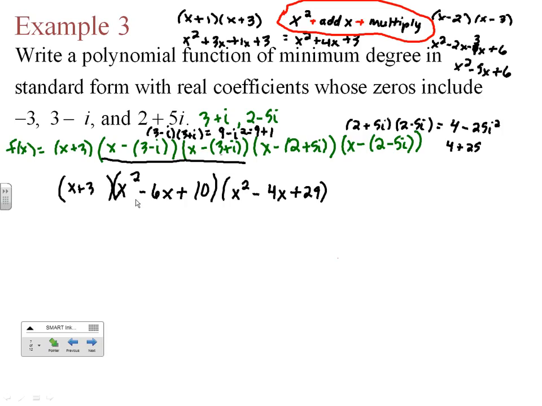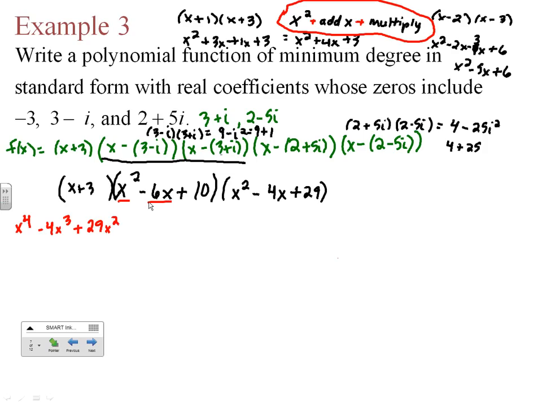Okay, so I don't really know what the easiest way to do this is. Let's go ahead and multiply these two together and then multiply by x plus 3. So I'm going to distribute my x squared into my third parentheses. So that's x to the 4th minus 4x cubed plus 29x squared.